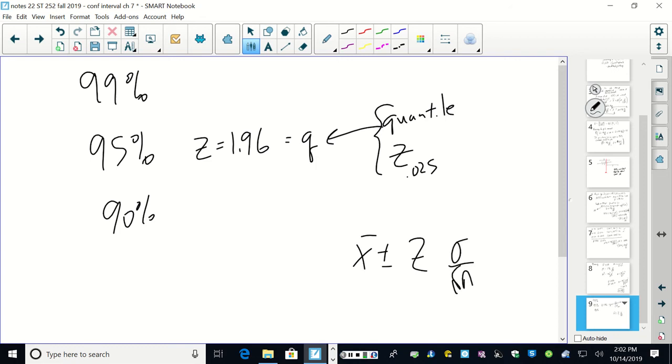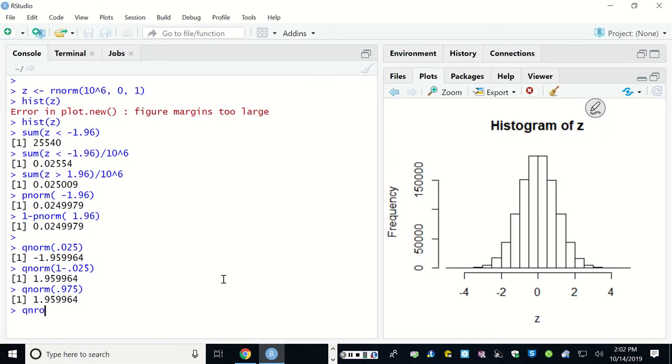Right? So if we want 99%, we need to have more coverage. We need to have more of the area, more of the random samples have to be included in that. And so this Z value, we'll get it here, the qnorm, the normal quantile. Now if it's 99%, there's 1% left over, and so that means there's 0.5% on each side.